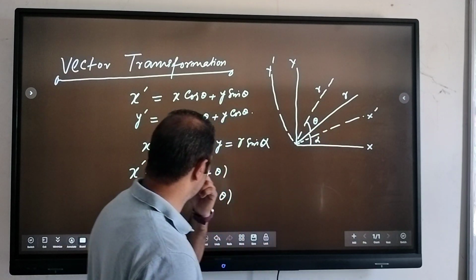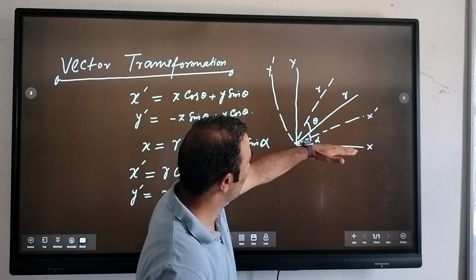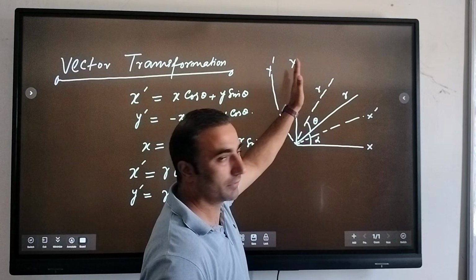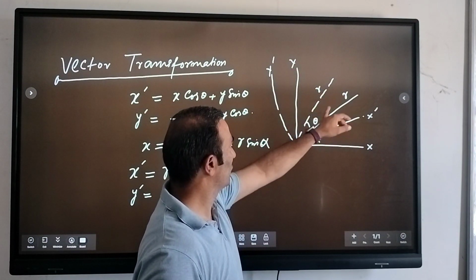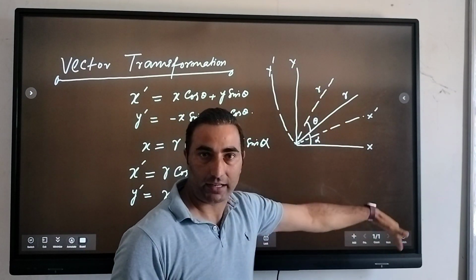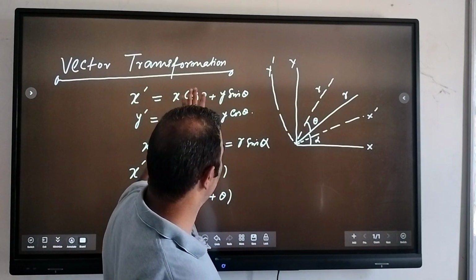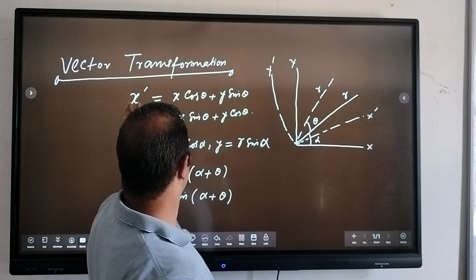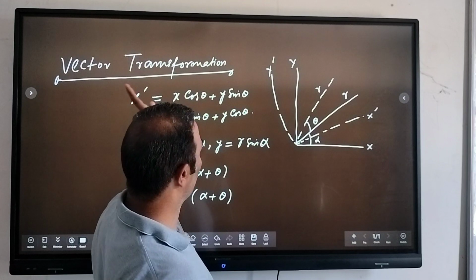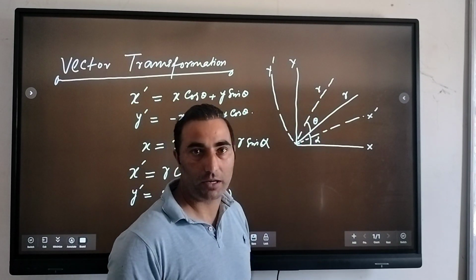We need to write x prime in terms of x in order to get these relations, how vectors transform when you move from xy to x prime y prime.